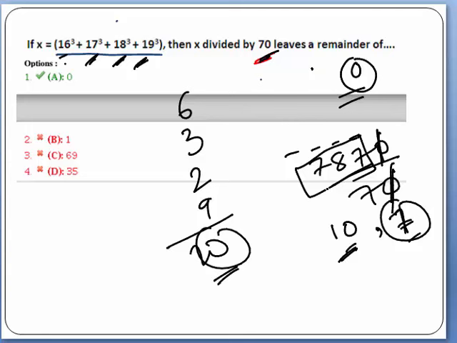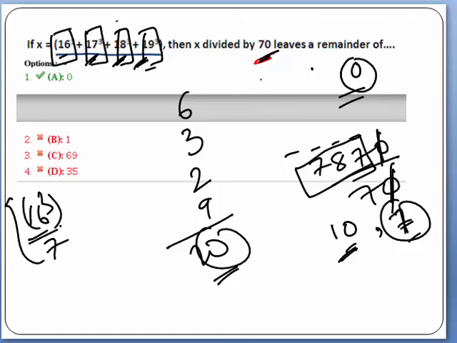The other part is whether the number is divisible by 7 or not. It's very simple again. We will see what the remainder is when we individually divide all these numbers by 7. For 16 cube divided by 7, what is the remainder?